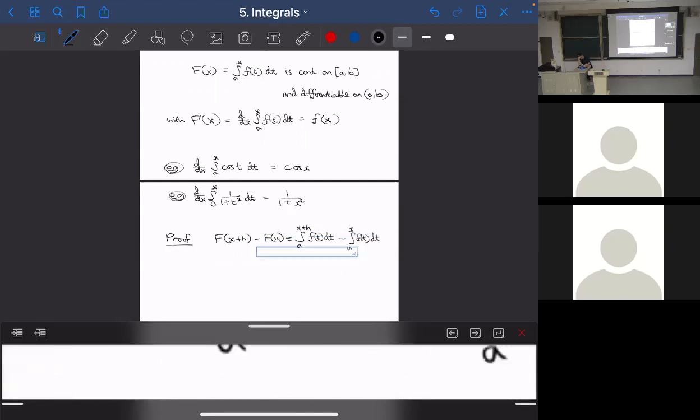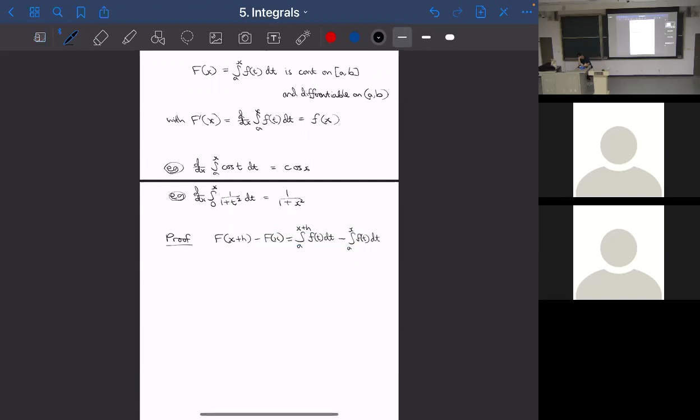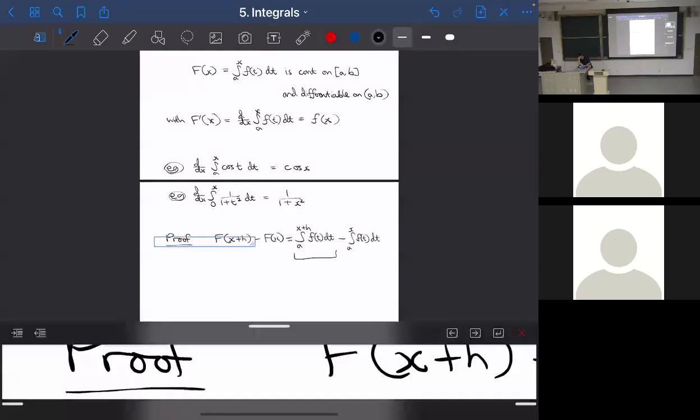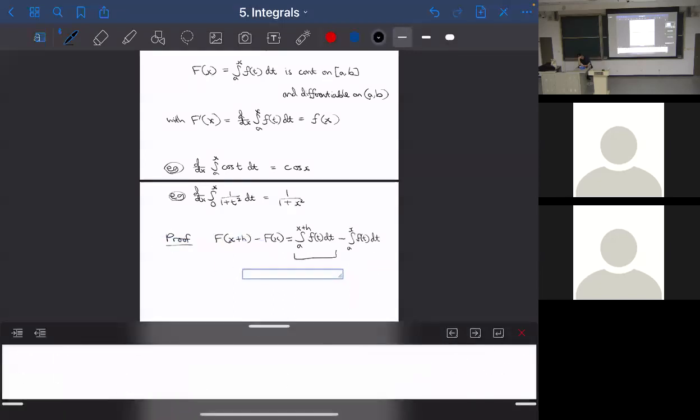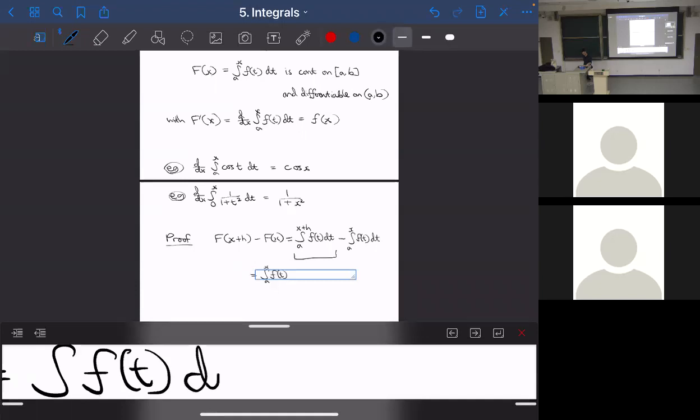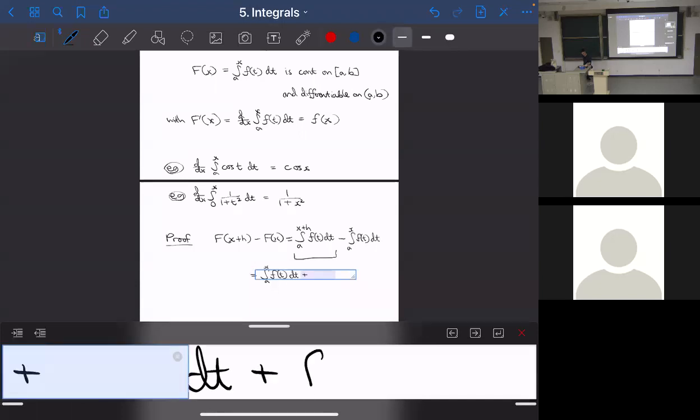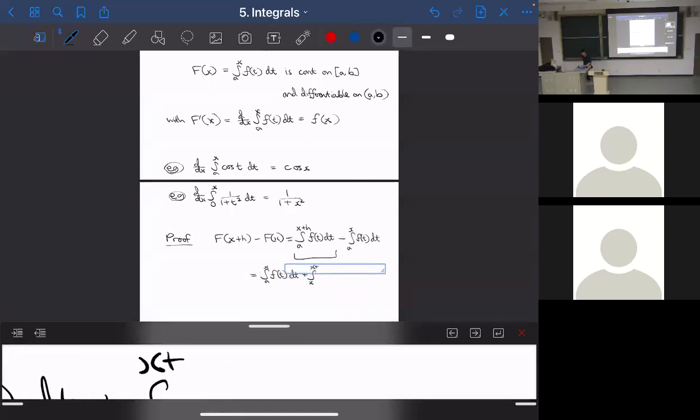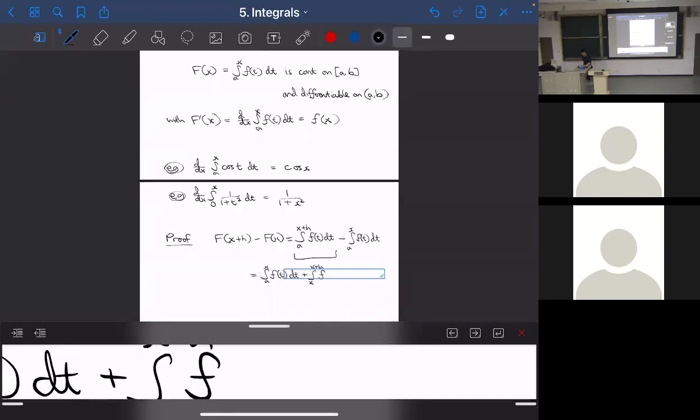Okay. And now, this first bit, well, remember we had this additivity rule for integrals, that if you integrate from a to x, and then from x to x plus h, then that's the same as integrating all the way.